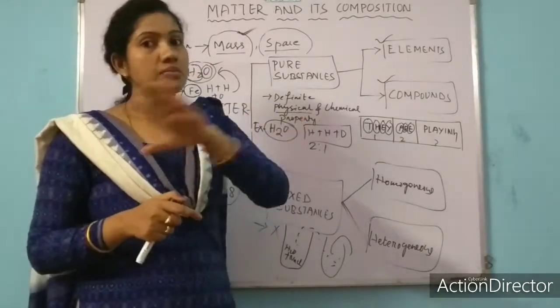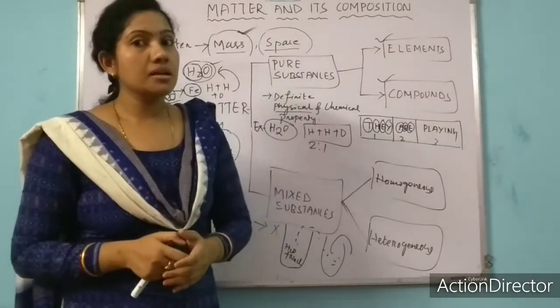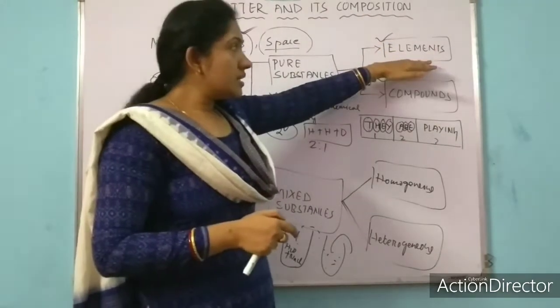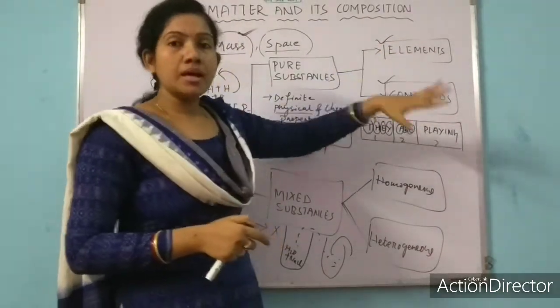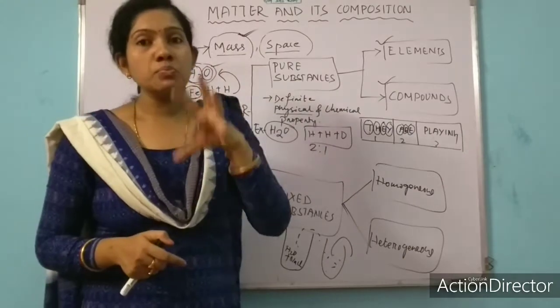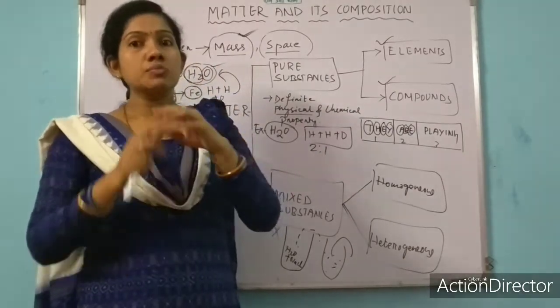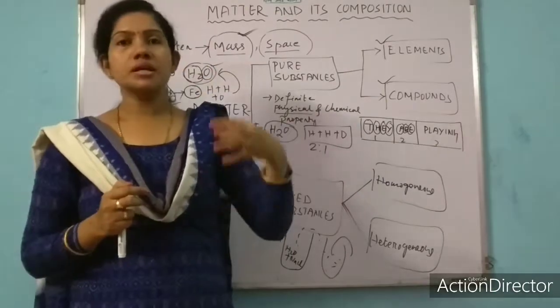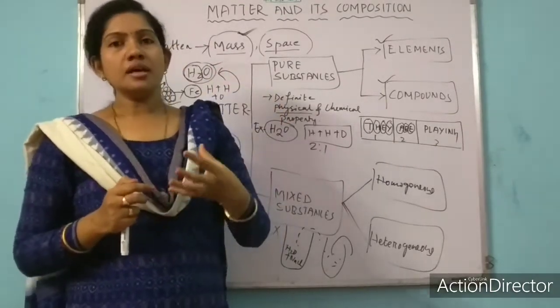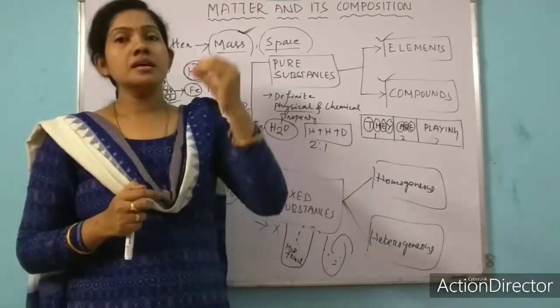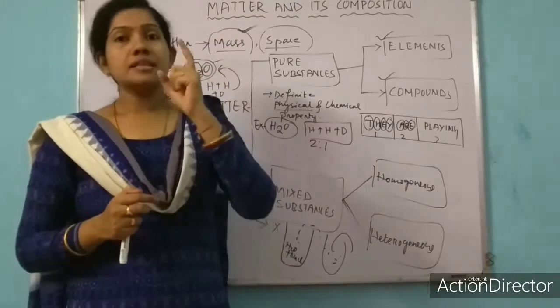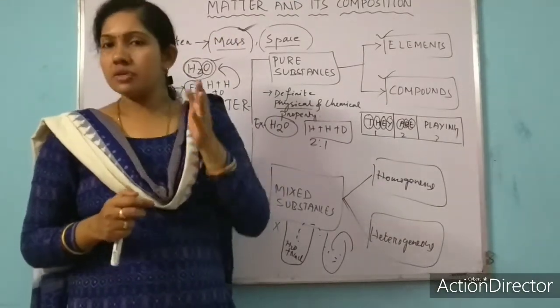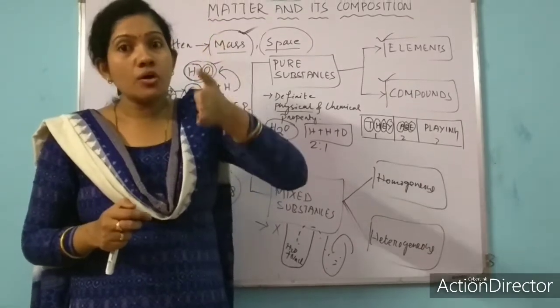In any condition, they will not change their physical and chemical properties. So what is the difference between element and compound? An element is a type of pure substance that is made up of similar atoms only. We can take a piece of gold or a piece of iron. Any pure substance that has only one kind of atom.